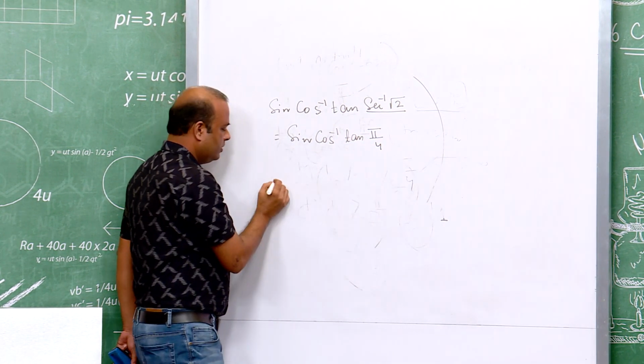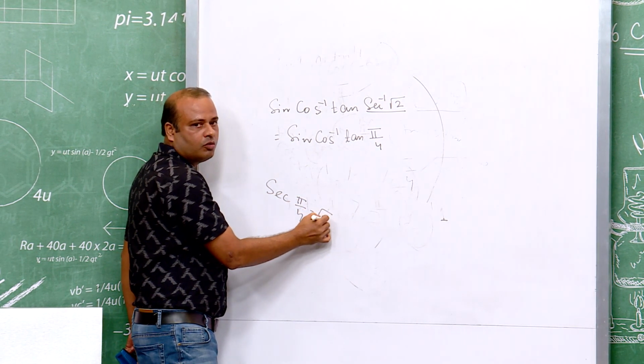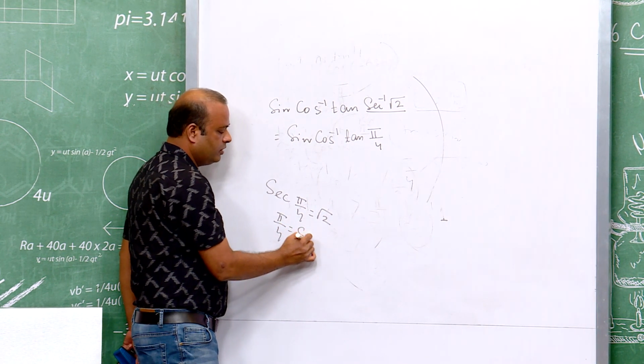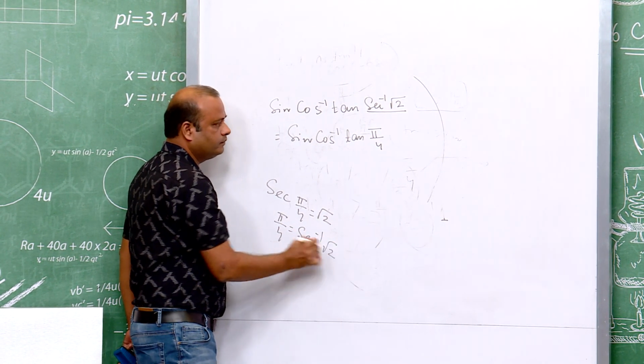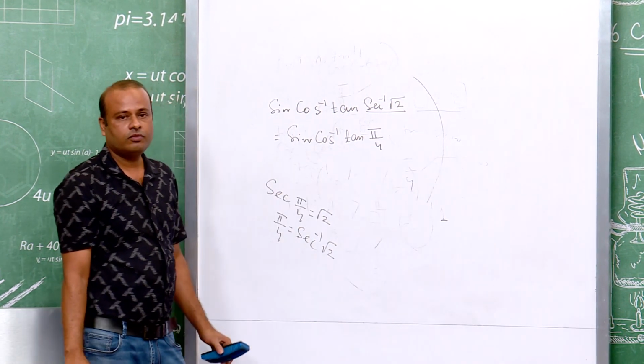You know sec pi by 4 is root 2, so sec inverse root 2 is pi by 4.